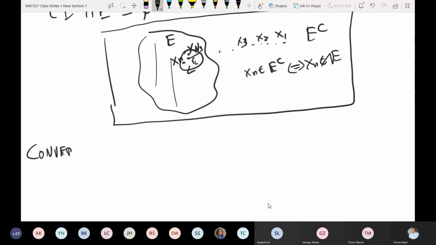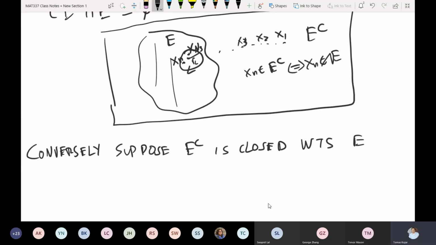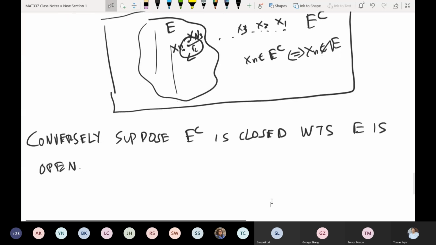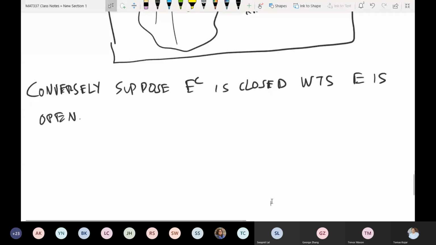Conversely, suppose E is closed. I want to show E is open. All right.